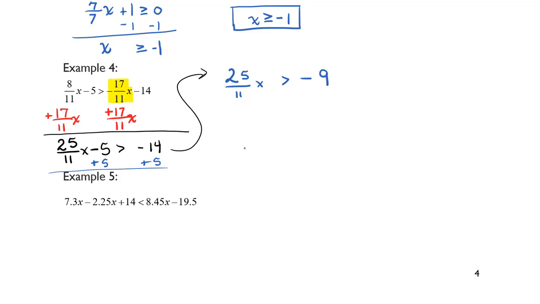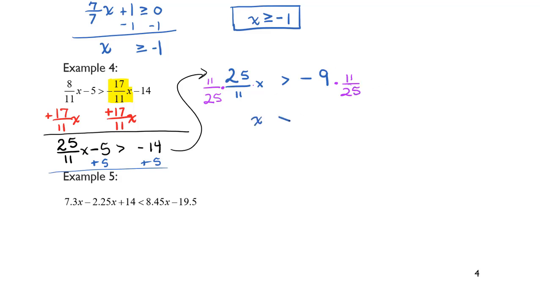And now, hopefully you remember the rules for multiplying by reciprocal numbers. If we wanted to clear the fraction associated with the x here, we'd multiply by the reciprocal, which would give us 1x. But if we do that to one side, we have to do that to the other side as well.